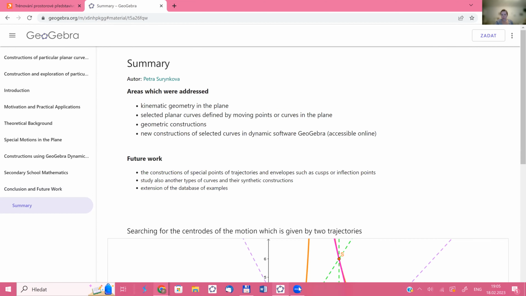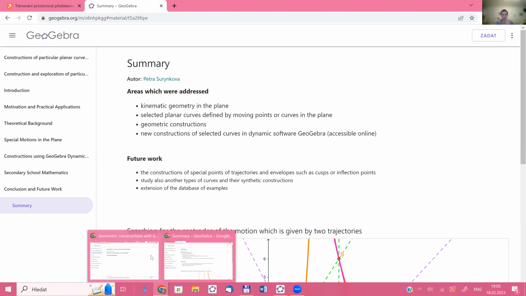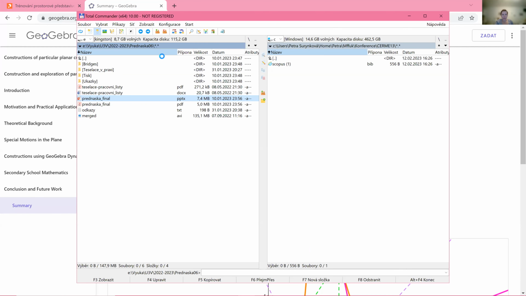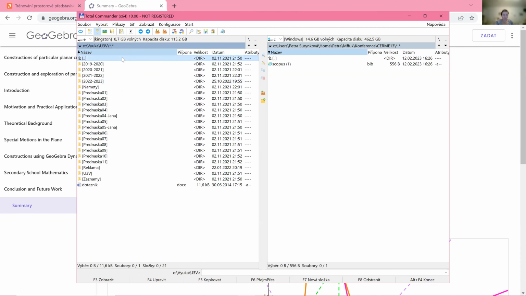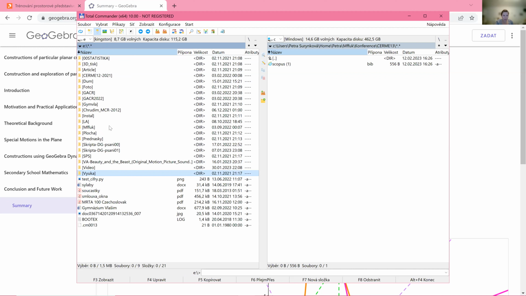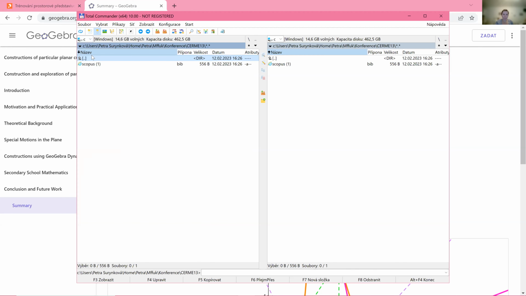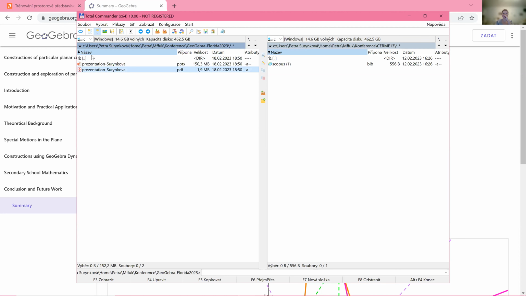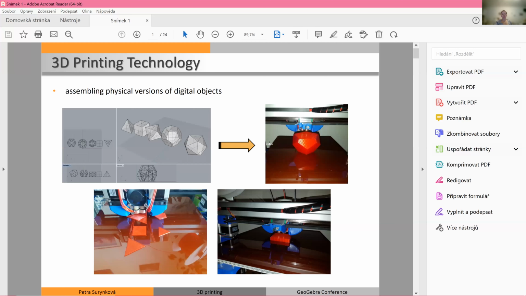And I would like to also show you what I'm doing with GeoGebra regarding 3D printing. So I will change the presentation. And sorry, I closed the window, so I have to find it. So, GeoGebra conference here. Regarding 3D printing, I think I don't have to tell you what it is about.